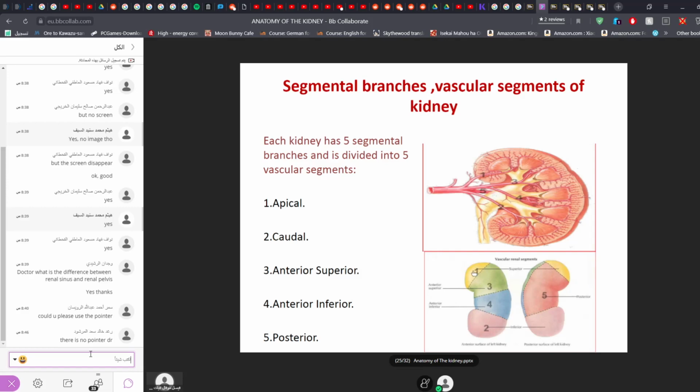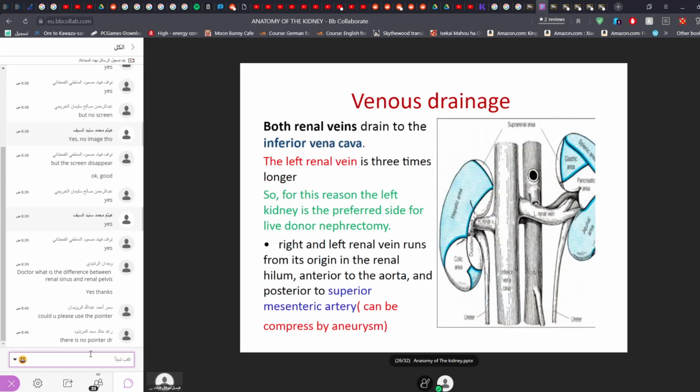So the segments of the kidney, divided according to the blood supply, are the apical, the caudal, the anterior superior, anterior inferior, and one posterior. These are the segments of the kidney. Clinical importance, we'll see. Venous drainage, I have just discussed with both renal veins. Can you see?